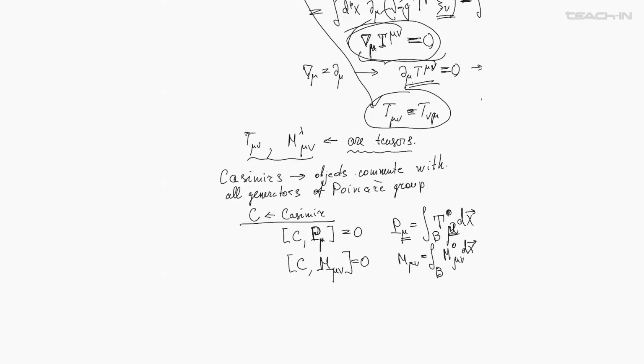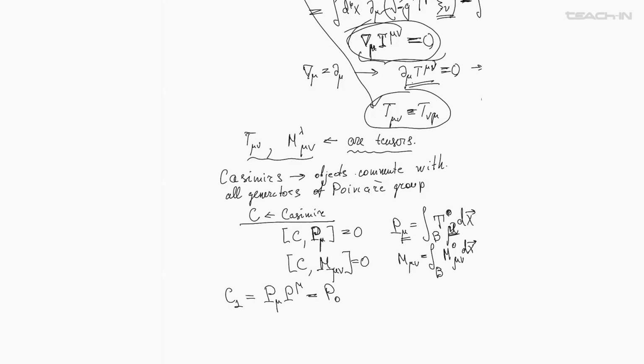For the case of the Poincaré group, there are two Casimirs. One Casimir is simply the square of p^μ, so p^μ squared is nothing else but p0 squared minus vector p squared.